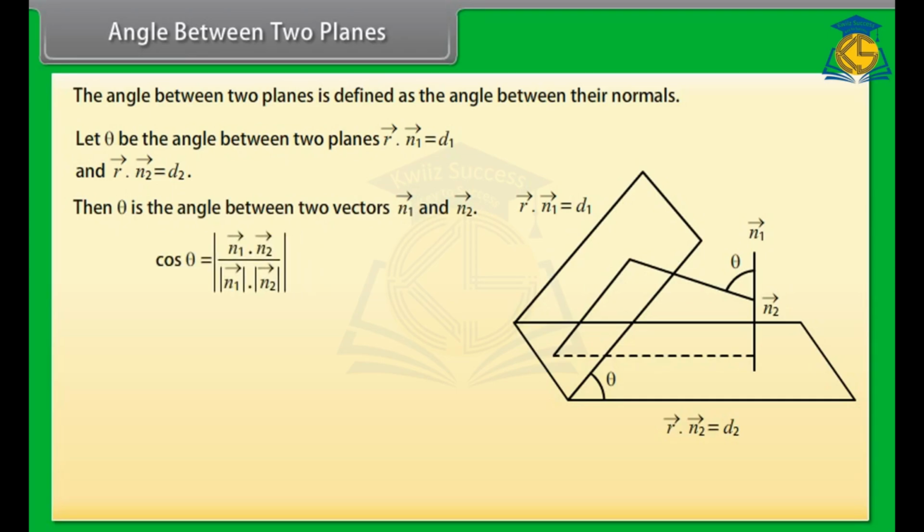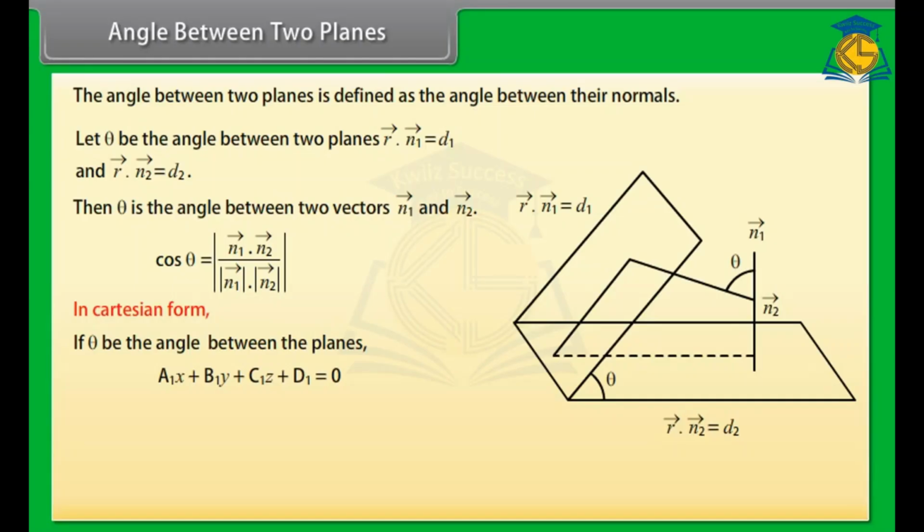Cos theta equals modulus of dot product of vector n1 and vector n2 divided by modulus of vector n1 into modulus of vector n2. In Cartesian form, if theta be the angle between two planes, a1x plus b1y plus c1z plus d1 equals 0, and a2x plus b2y plus c2z plus d2 equals 0.